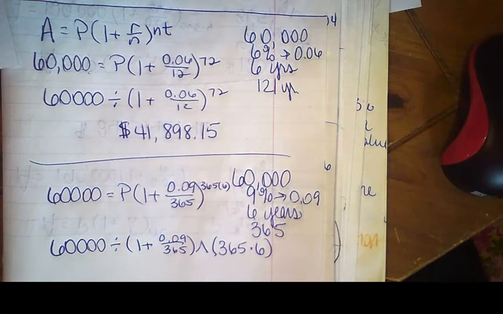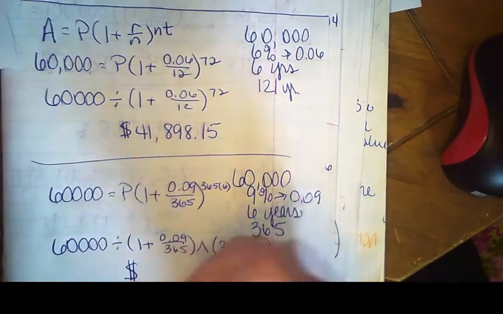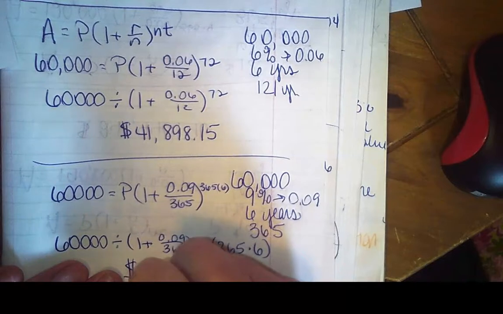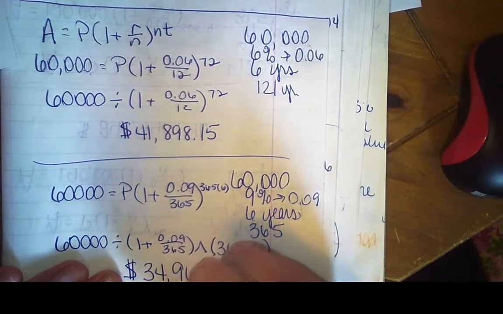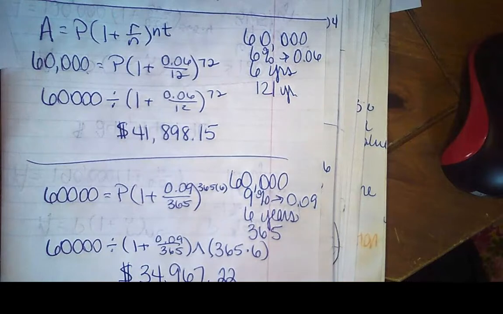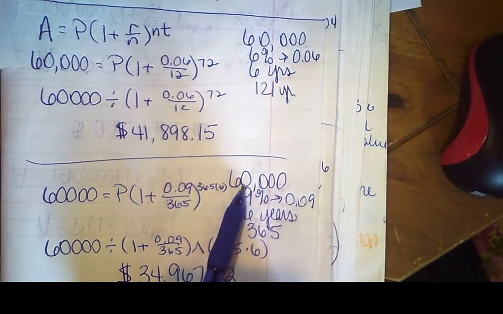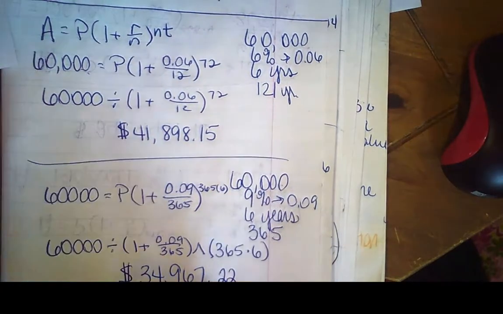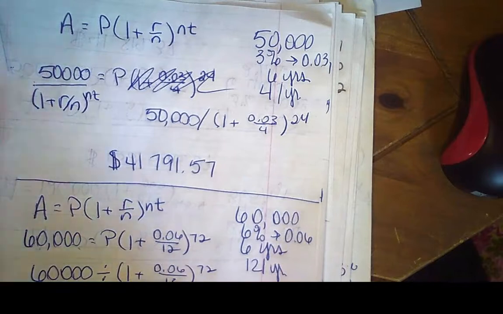And I get an answer of 34,967.22. So 34,967 and 22 cents. So you're just working backwards. This is how much is in the account at the end of 6 years.